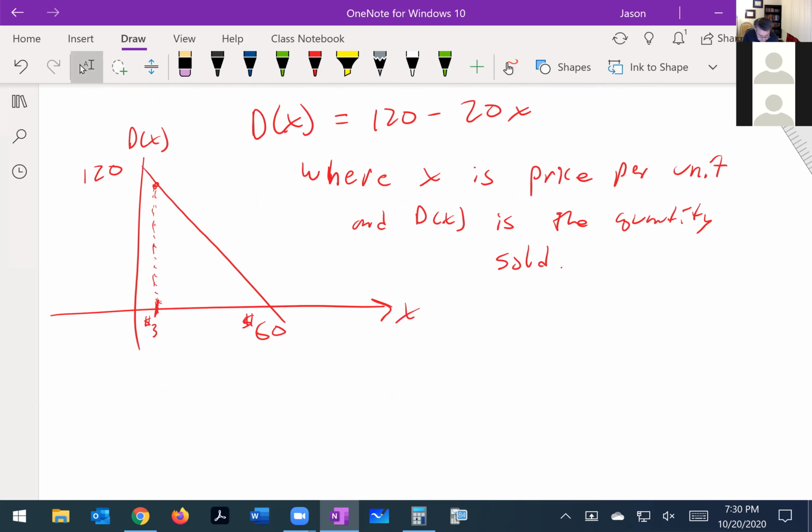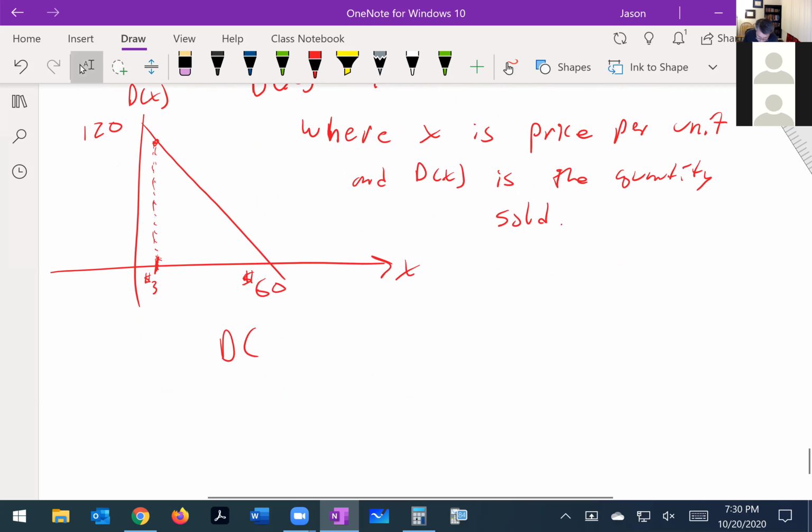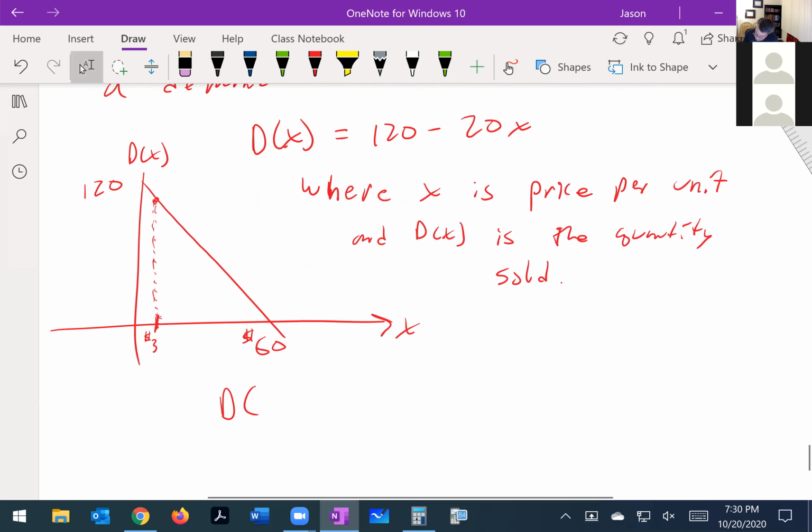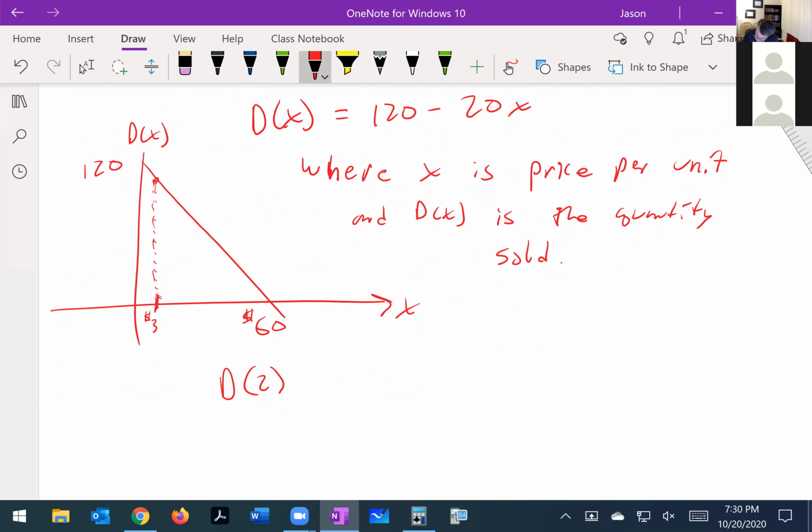Okay, so if I plug $2 into this equation, then I get 80 units per day. At $2, I'm selling 80 units.